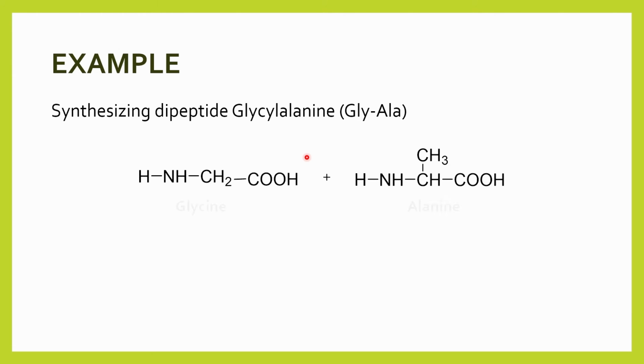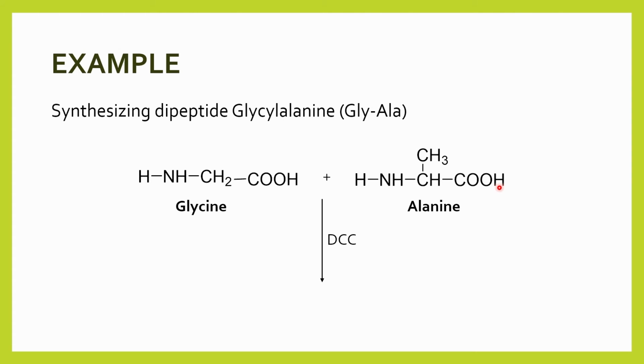We have taken two amino acids and according to the DCC method, we'll pass it through DCC, which reacts the carboxylic group and the amino group to form an amide bond. But before that, we have to keep in mind that we also have the NH2 and the COOH groups over here, which are very reactive, so we need to protect them.